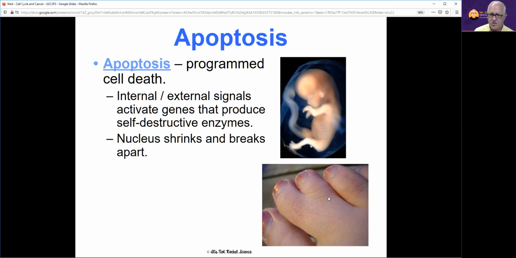And the nucleus starts to shrink and it starts to break apart. But because that cell is being programmed to no longer duplicate, some things can happen, deformities can happen in the body. Some people will get webbed fingers and toes during early development.